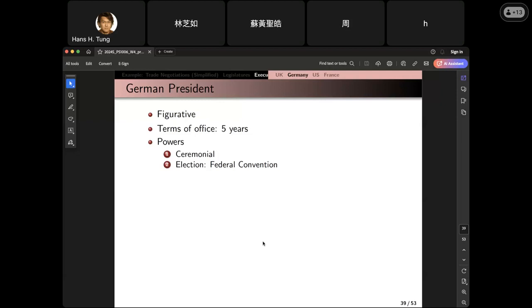The second cohabitation happened between 1993 and 1995. This time, the president was still the leftist, François Mitterrand, and the prime minister was still from the right, but this time it's not Chirac, but Balladur.